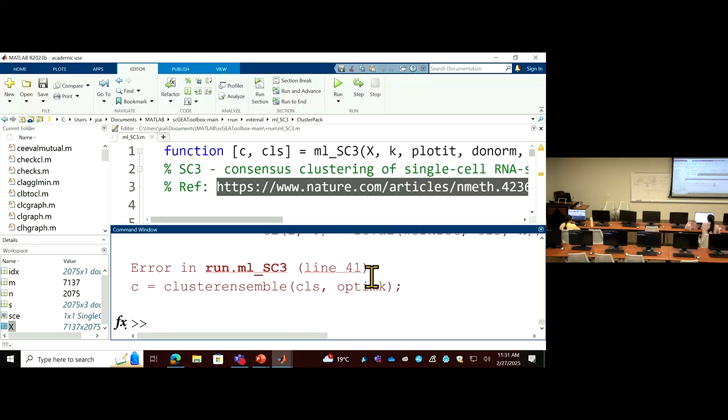Oh, there's a barcode. So maybe we cannot try the MATLAB version to get the same problem. So I can quickly check what the message is about.